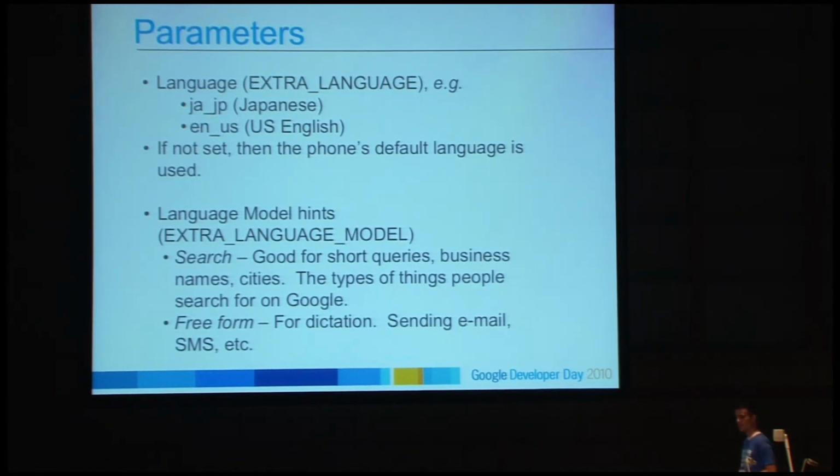If you expect them to speak in US English, for example, you could send the code for US English. Oftentimes, you don't have to set this. If it's not set, then whatever the phone's default language is gets picked up. And in newer versions of Android, the user can explicitly go in and choose the language that they want to use for voice recognition in the settings.